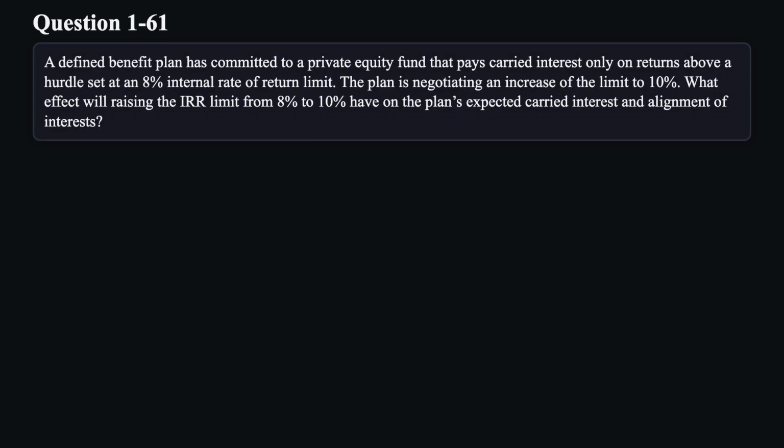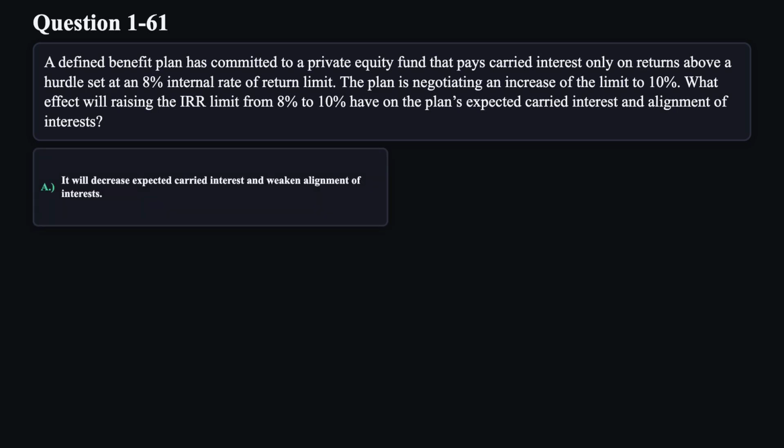Question 61. A defined benefit plan has committed to a private equity fund that pays carried interest only on returns above a hurdle set at an 8% internal rate of return limit. The plan is negotiating an increase of the limit to 10%. What effect will raising the IRR limit from 8% to 10% have on the plan's expected carried interest and alignment of interests?